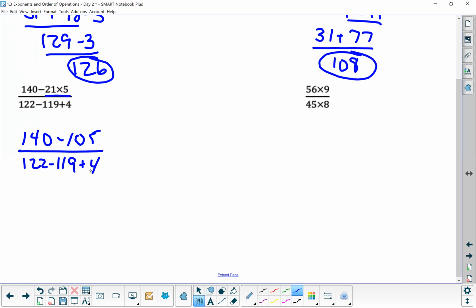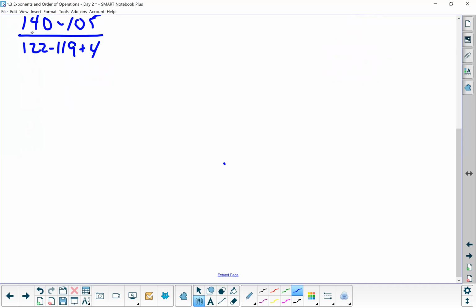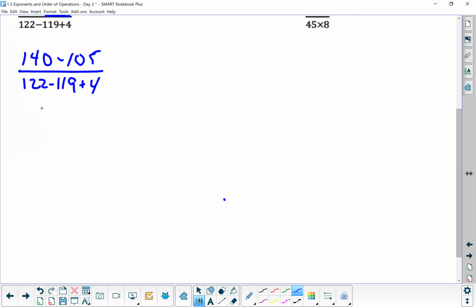So let's go ahead and now take care of addition and subtraction. 40 minus 105 is 35. 122 minus 119 is 3, plus 4 is 7. Show that in 2 steps. And 35 divided by 7.